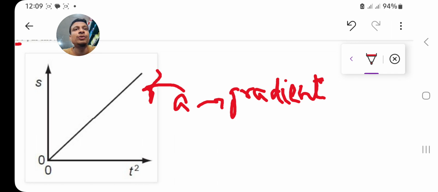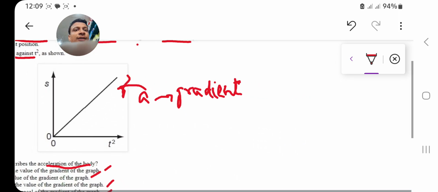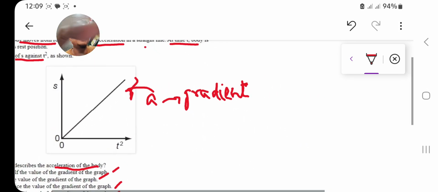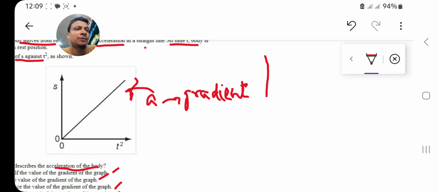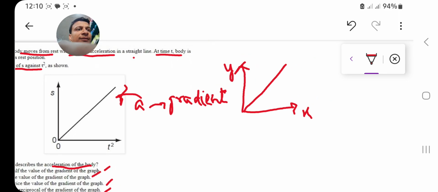So how do we find a gradient in mathematics? In physics we know that if you are given such a line, let's suppose this is a straight line, with y-axis here and x-axis, what will be the gradient?